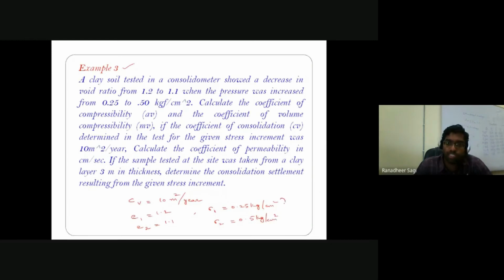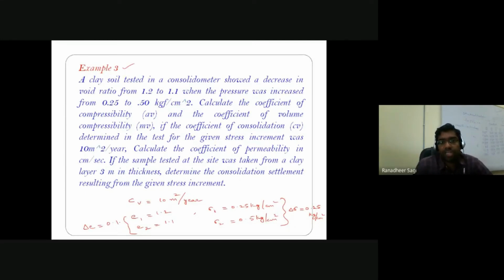So how much is my stress increment? Delta sigma is 0.5 minus 0.25, so it comes out to be 0.25 kg per centimeter square, the increment in stress applied on the soil sample, because of which the change in void ratio in the soil sample, that is delta E, is equal to 0.1. That is 1.2 minus 1.1, which is 0.1.